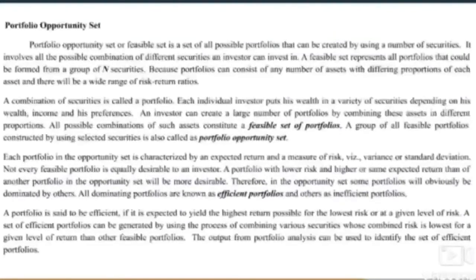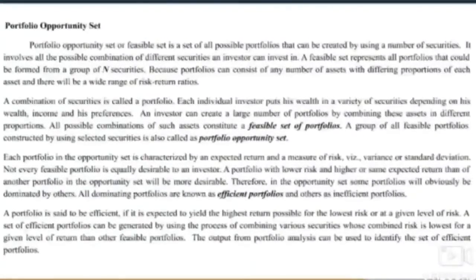Because portfolios can consist of any number of assets with differing proportions of each asset, there will be a wide range of risk-return ratios. So this, as we told itself, portfolio opportunity set is the number of portfolios or n portfolios which we create by mixing the securities in different proportions.